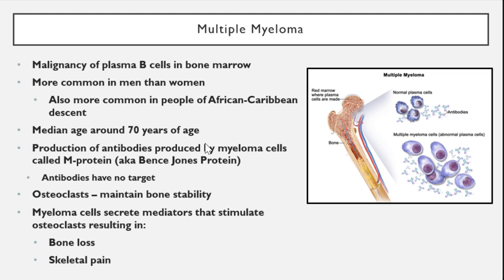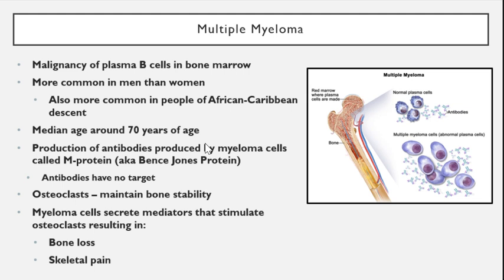So you normally have plasma cells that get generated with these multiple myeloma cells. They are abnormal plasma cells that live in your bones, and they secrete mediators that stimulate osteoclasts, resulting in bone loss or skeletal pain.